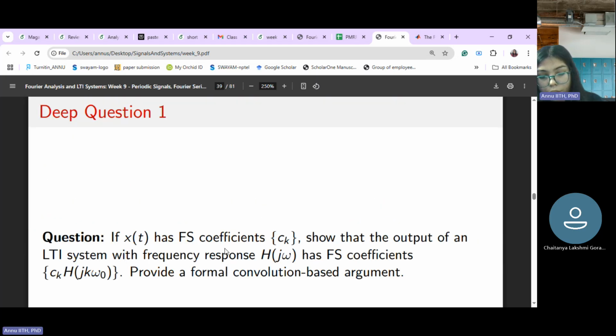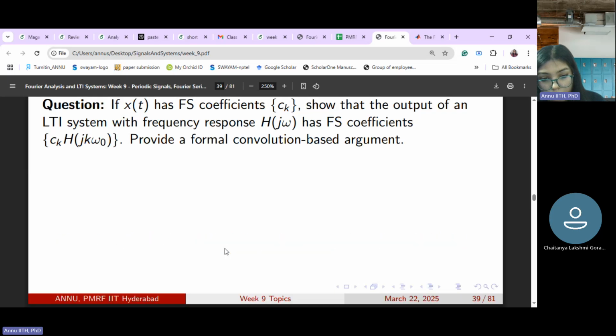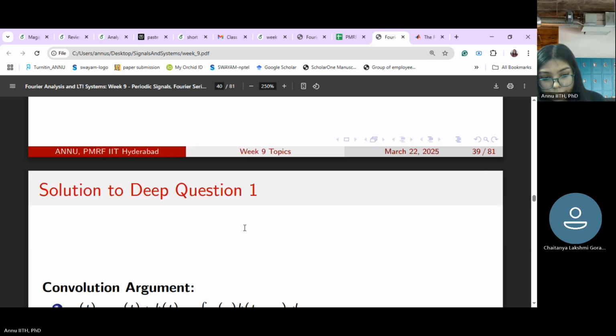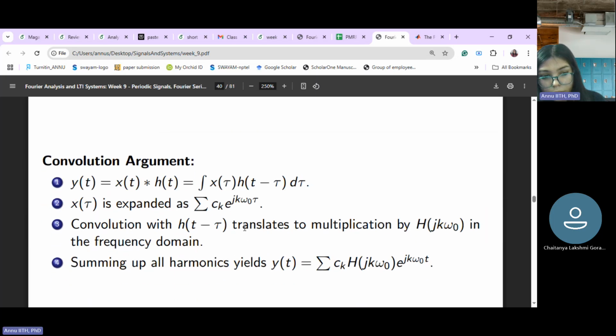Suppose x(t) has Fourier series coefficients c_k, so the output of an LTI system with frequency response H(j omega) has Fourier series coefficients multiplied by H. Let me provide a formal convolution-based argument.